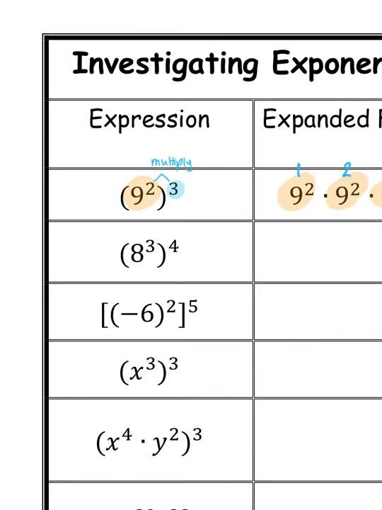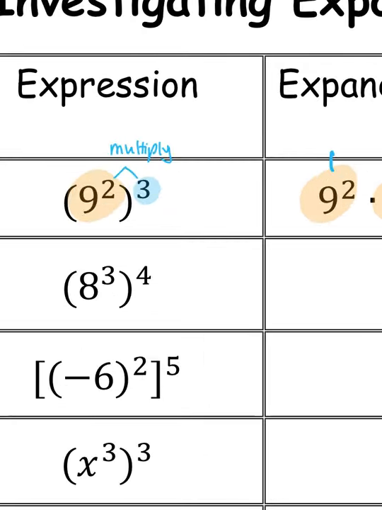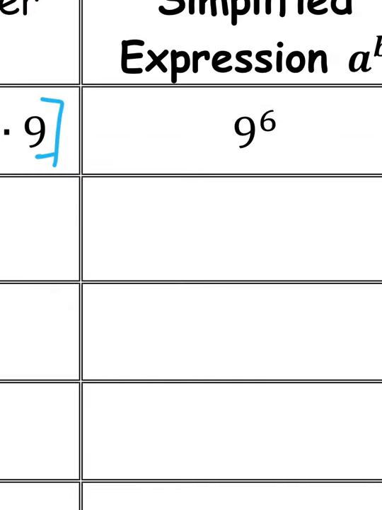Remember before when we were taking a product, or multiplying bases that had exponents, we added the exponents, and when taking the quotient or dividing, we subtracted the exponents, and this time we're going to multiply the exponents. So 2 times 3 is 6. So our final answer would be 9 to the 6th.